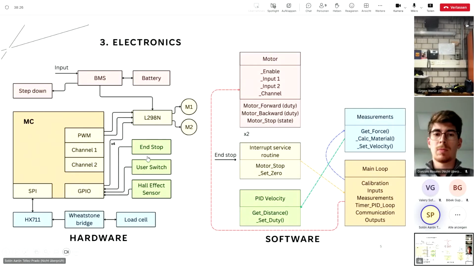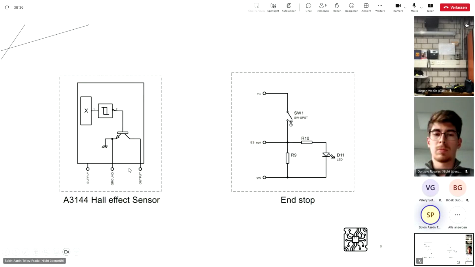In the input and sensor block, we have a lot of sensors. The principal one, the Hall effect sensor, is used to count the number of turns of the linear advance motor shaft. With the number of turns, the linear distance of the drill can be calculated.